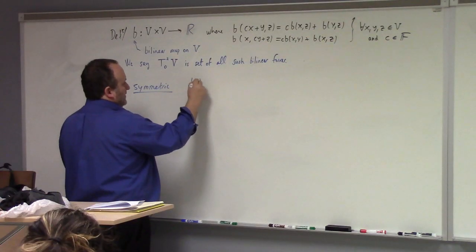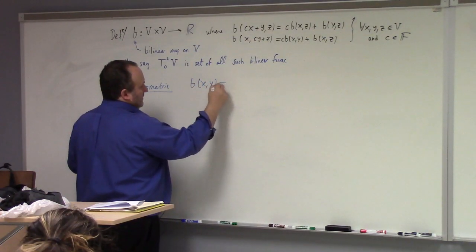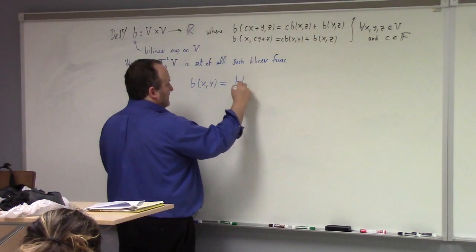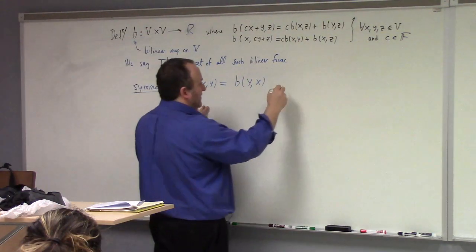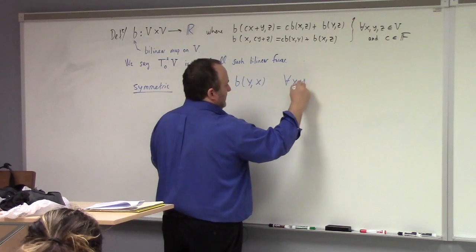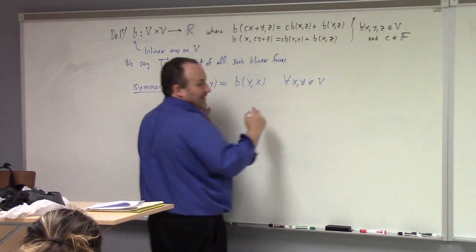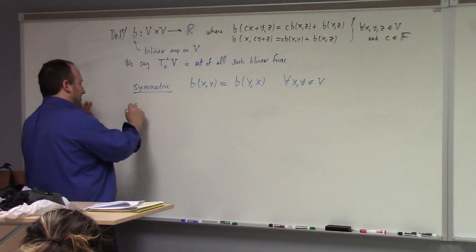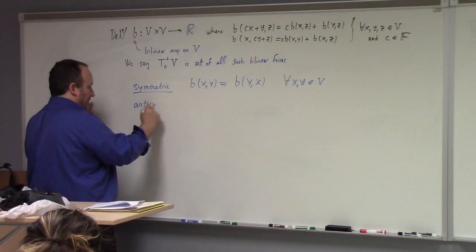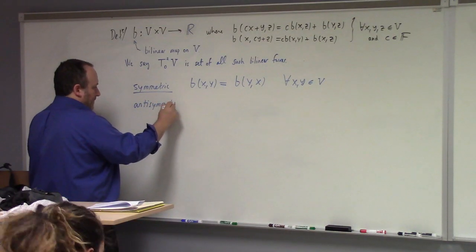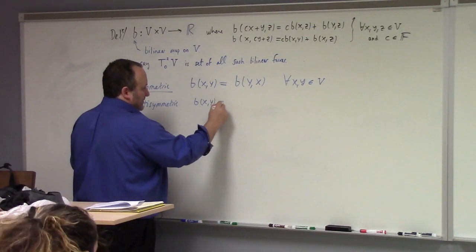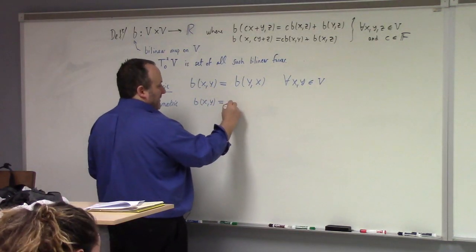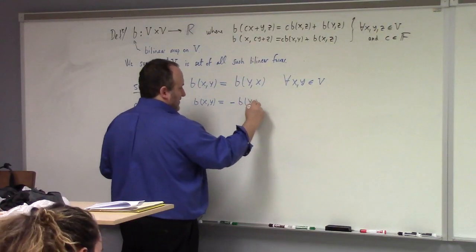It means that B(x, y) is equal to B(y, x) for all x and y. Now you're getting ahead of me. Anti-symmetric would mean that B(x, y) is equal to minus B(y, x), right?